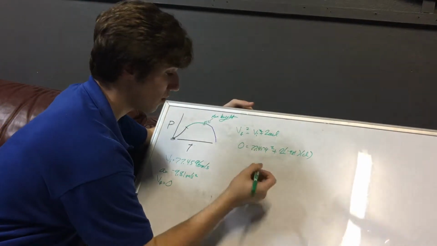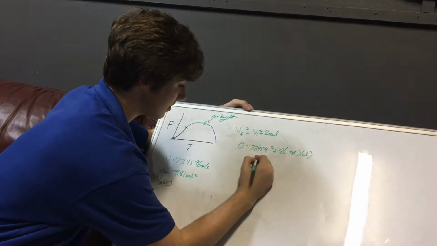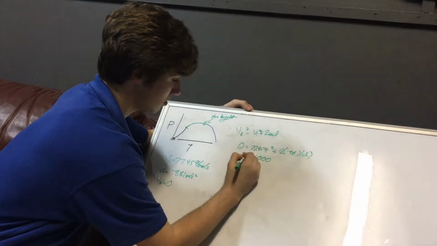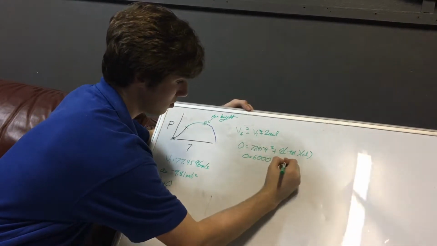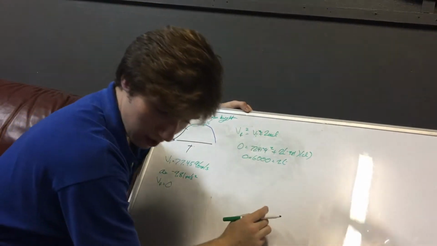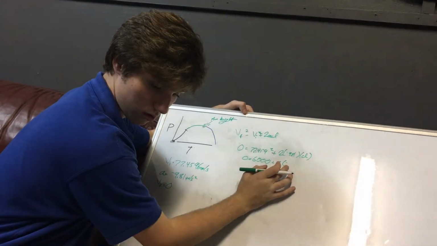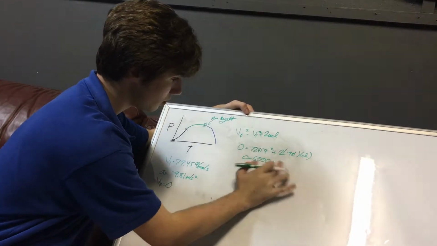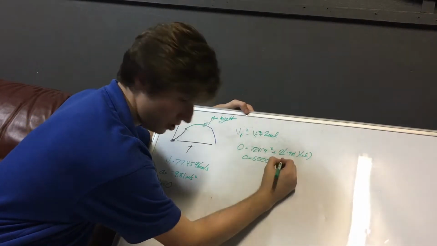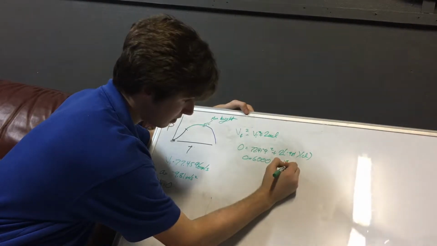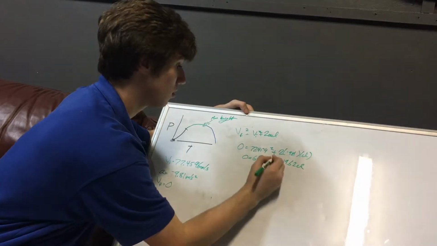So 77.459 squared is 6,000, and 2 times negative 9.81 is negative 19.62.